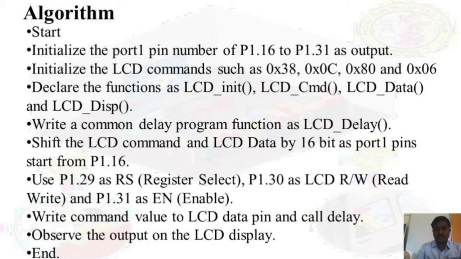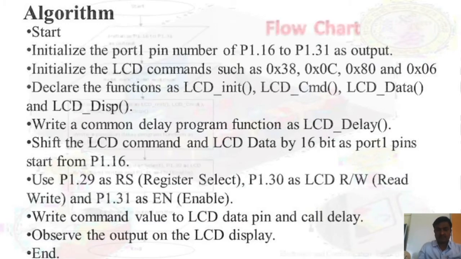Use P1.29 as RS, register select, P1.30 as LCD read write and P1.31 as the enable pin. Write the command value to the LCD data pins and call delay. Observe the output on the LCD display. End of the program.